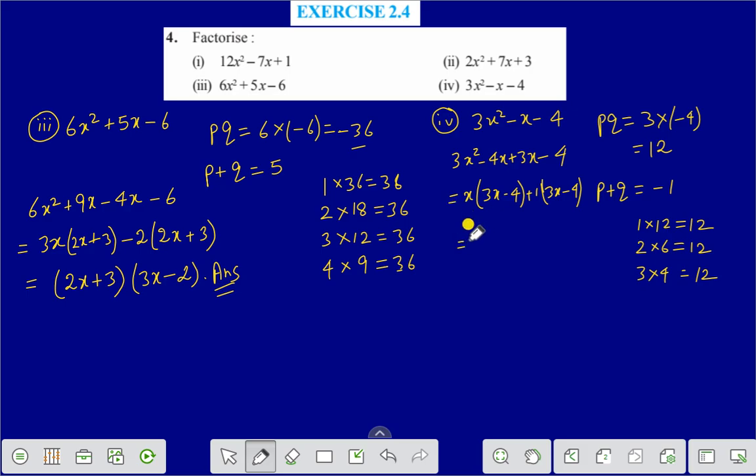And we are getting 3x minus 4 into x plus 1. That is the answer of question number 4. Therefore, the answer is 3x minus 4 into x plus 1.